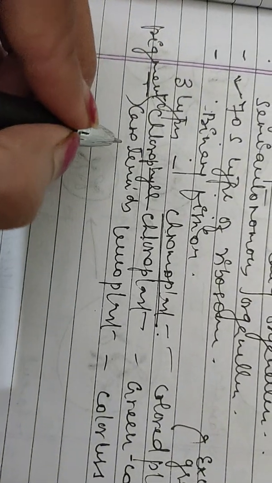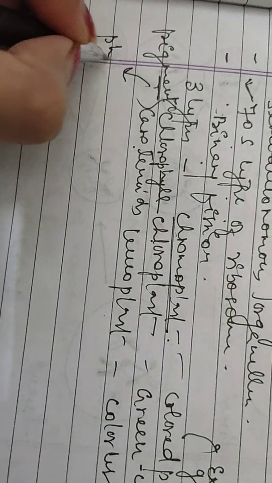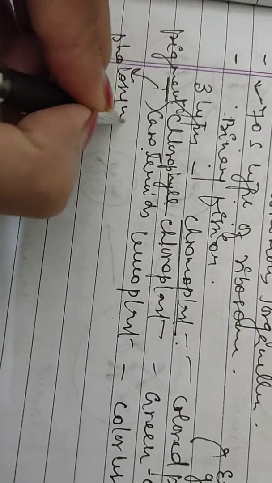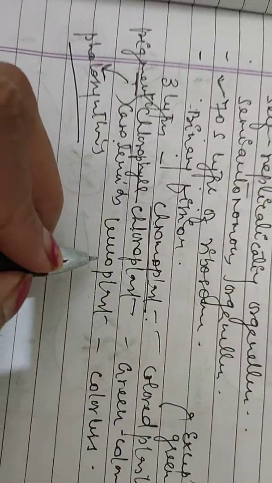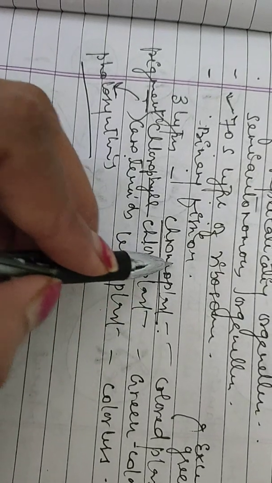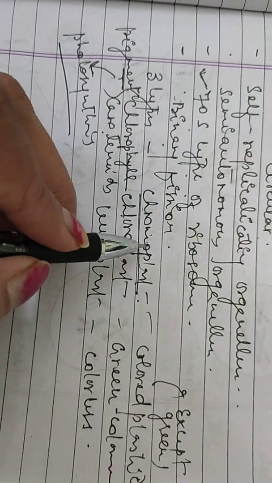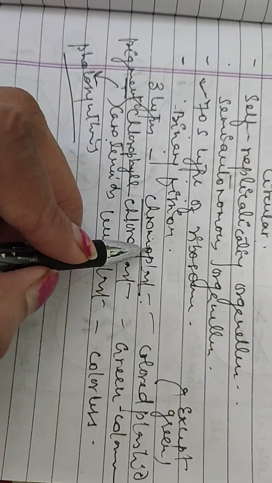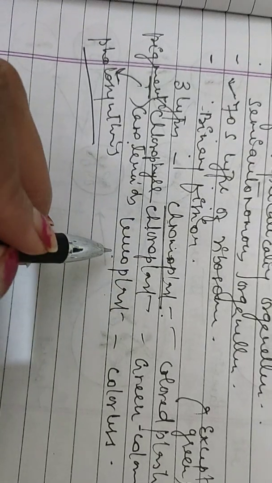And this is the site of what? Photosynthesis. Then in chromoplast, chlorophylls are absent. So you can say they add color to organs like flowers and fruits.